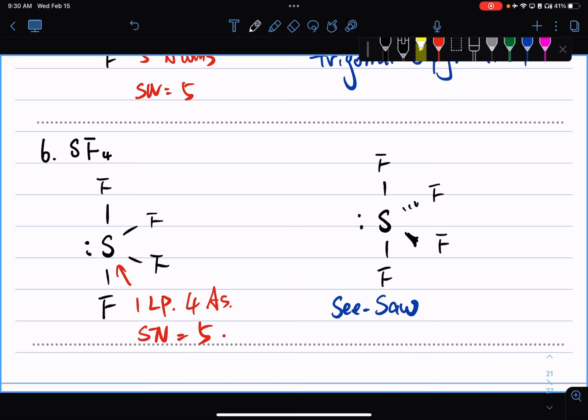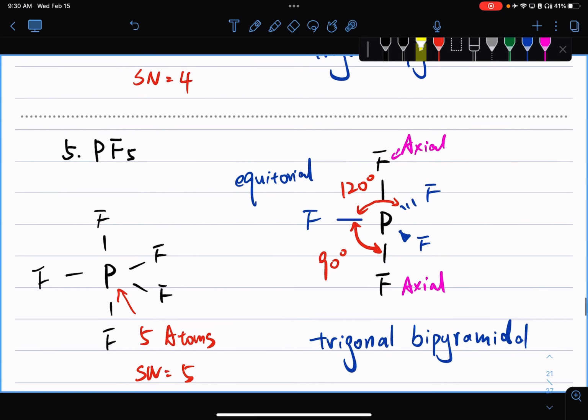So here I want to pause a little bit, and you can think about it. Why will the lone pair take the equatorial position, not the axial position? Anyone care to take a guess? I'll give you a little hint. Remember, in this trigonal bipyramid, as we show here, the angle between your equatorial atoms is 120. The angle between your axial and equatorial atoms is 90 degrees.